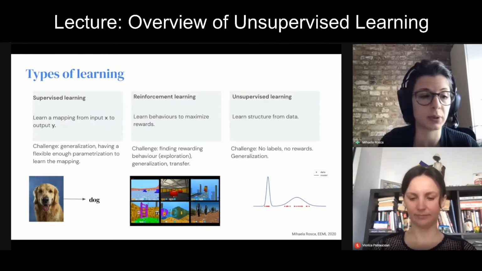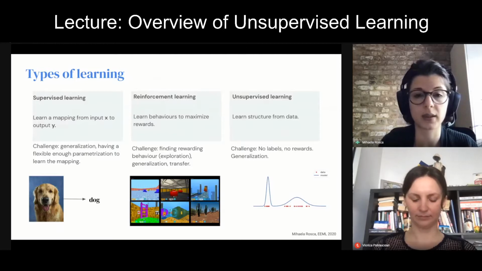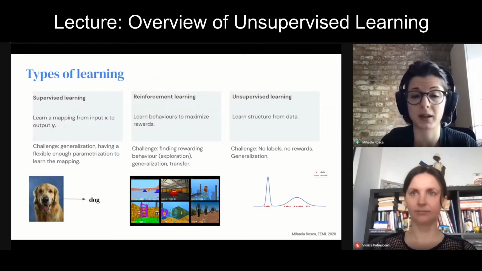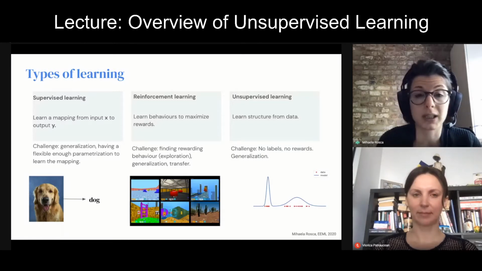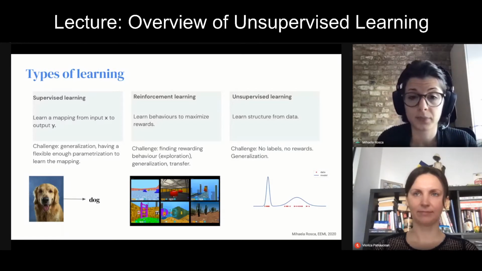Then there's reinforcement learning. In reinforcement learning, we are concerned with sequential decision making. So we're trying to learn behaviors that maximize rewards. We have our agent, and our agent acts in a world that's often called an environment, and it's trying to find a behavior that will lead to maximal reward. That has a lot of trade-offs between exploring new parts of the world that it has never seen before, but also exploiting what it already knows.